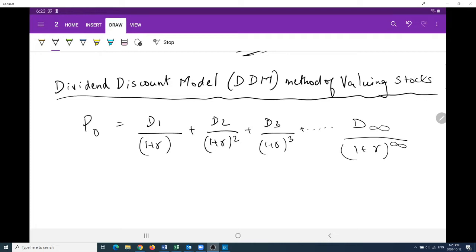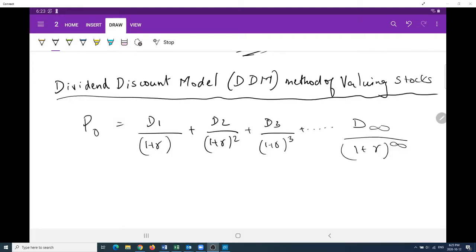Why is it till infinity? Because our corporation is assumed to last forever, and all the dividends which the firm or the corporation pays in the future, you take the present value of all those dividends according to each time period. So if dividends are paid annually, these would be like a dividend each year.